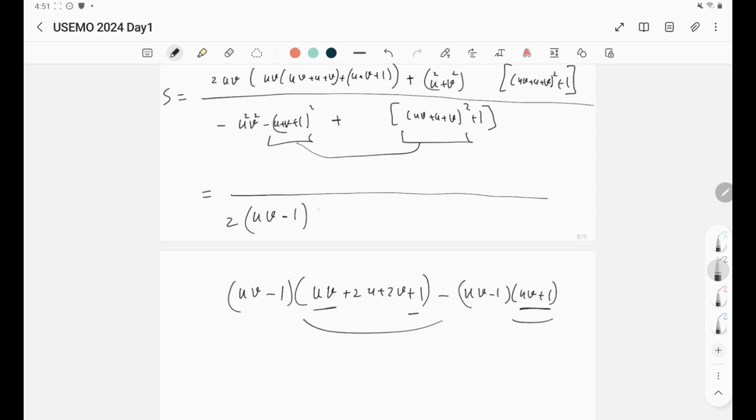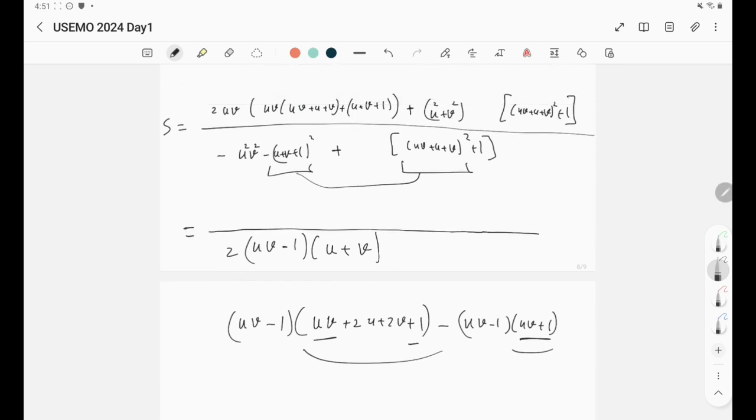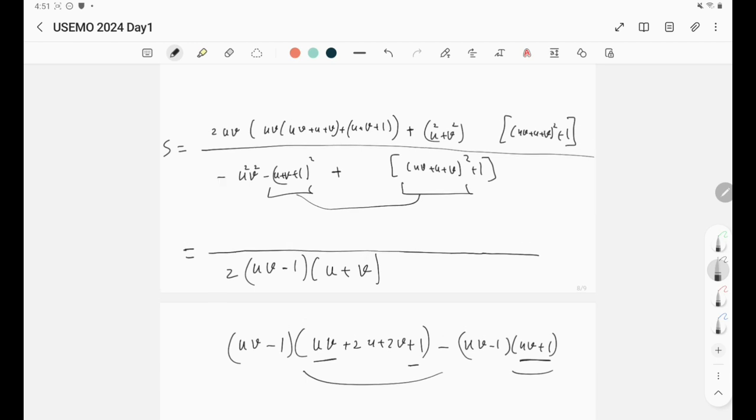See, you just need to make sure you're doing everything in a smart way, step by step. You should really be good with factorization and dealing with these algebraic quantities when you're doing a bashing problem. Okay, so now the denominator is just this. Very nice. Now let's look at the numerator.